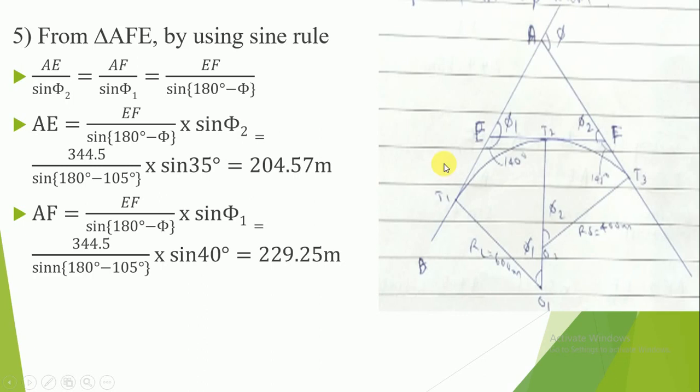So now we have calculated the distance AE, and also AF. Now we are going to calculate the total distance AT1, so that it will be easy to substitute the total distance AE and ET1 in order to deduct it from the chainage of A, that is the intersection point, to calculate the chainage of T1.